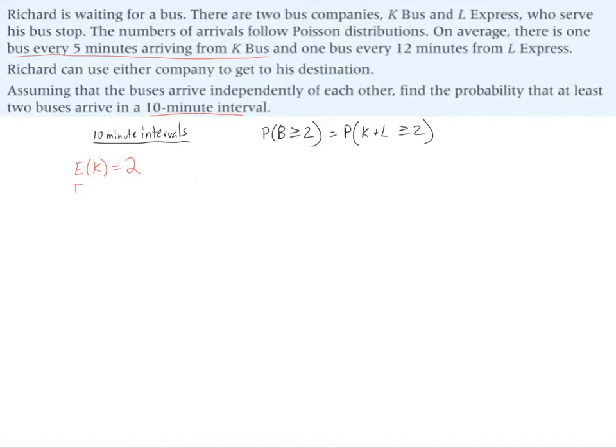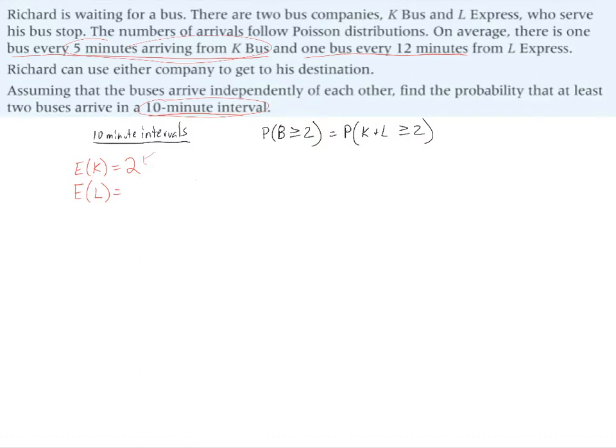All right. What is the expected number of L buses? Well, it says 1 bus every 12 minutes. So just like we did with the K bus, and remember with the K bus, we took 10 and divided by 5 so that we could scale it up to the 10 minutes to give us an expected value of 2.